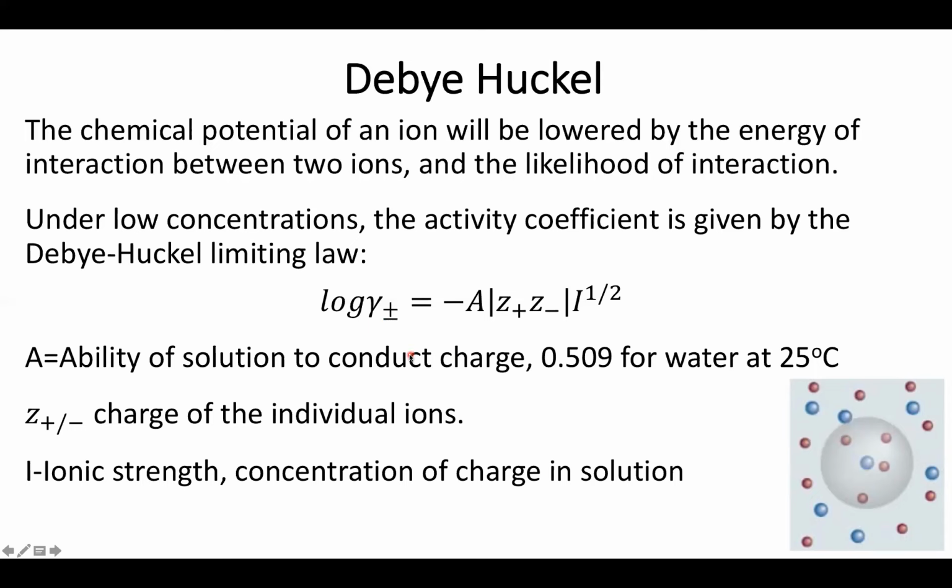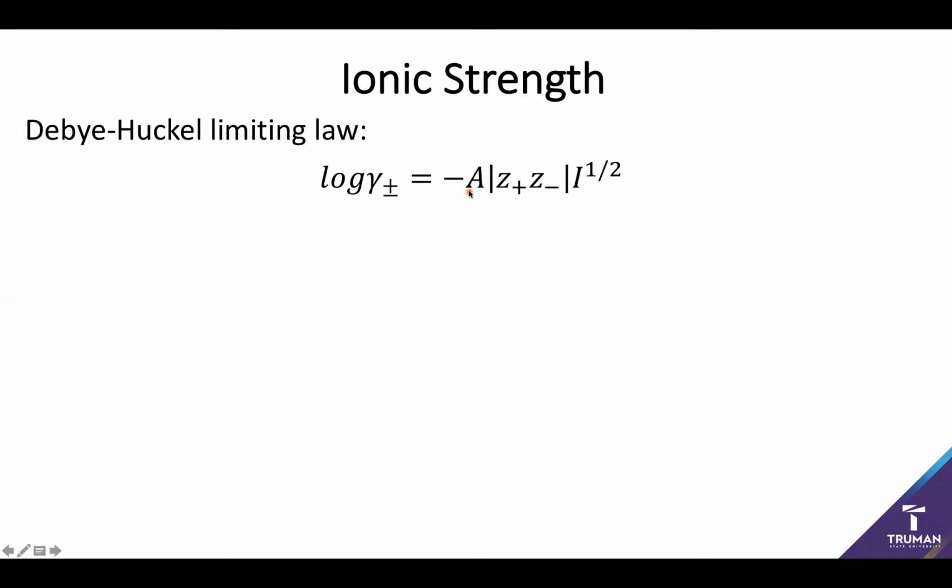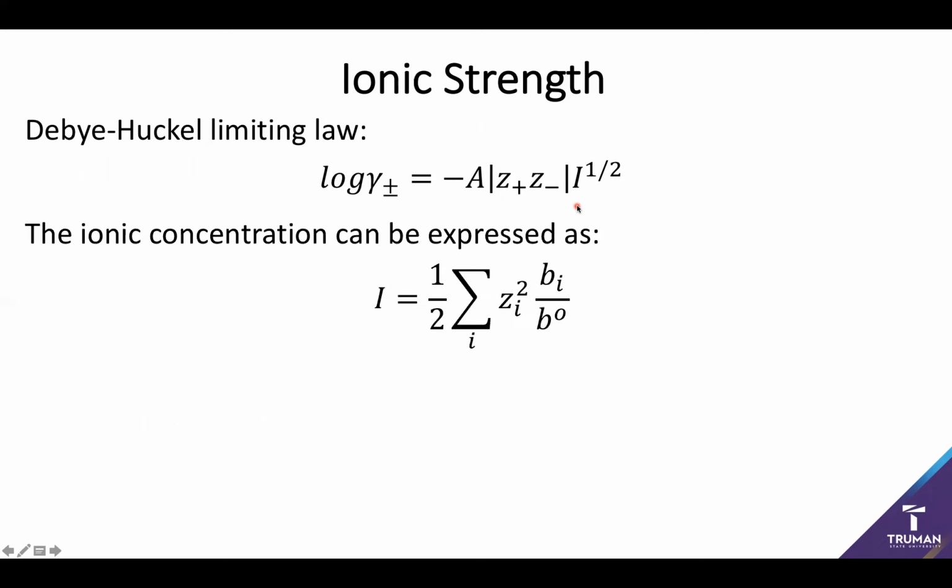However, we should be able to figure out our value for A and the charges by clear inspection, at least if we're in water. But this leaves one major component that we need to try and determine, and that's the ionic strength. So again, our ionic strength is more or less just a form of ionic concentration.